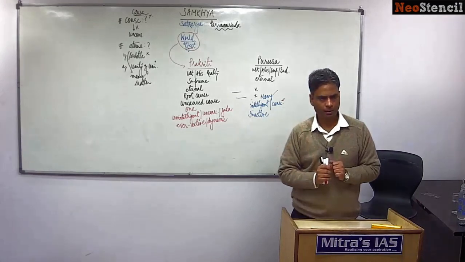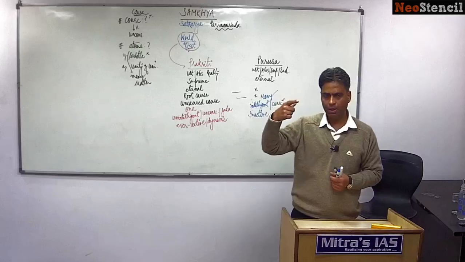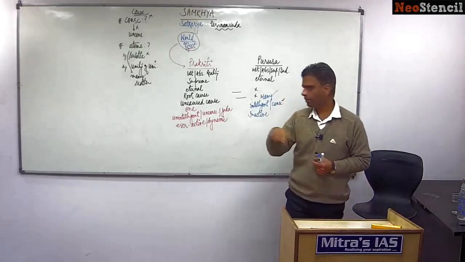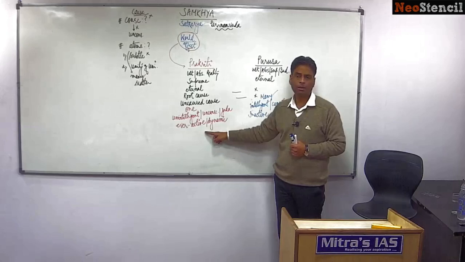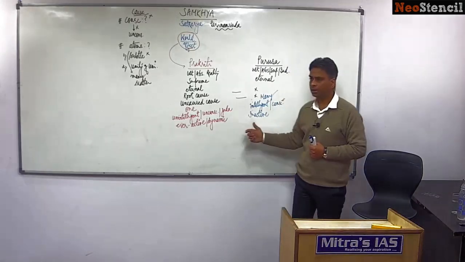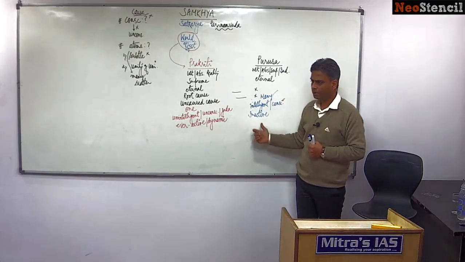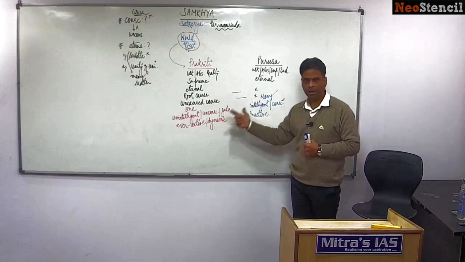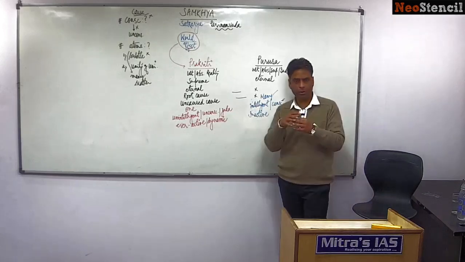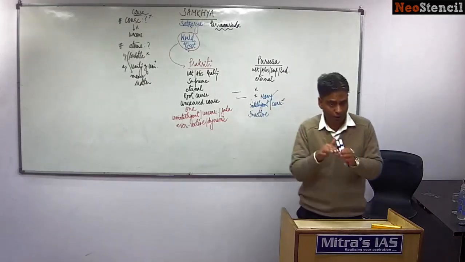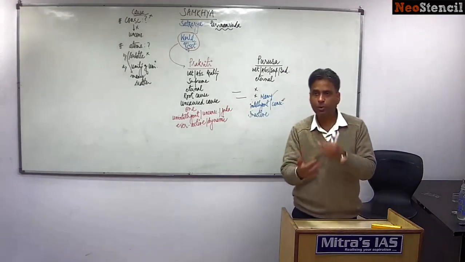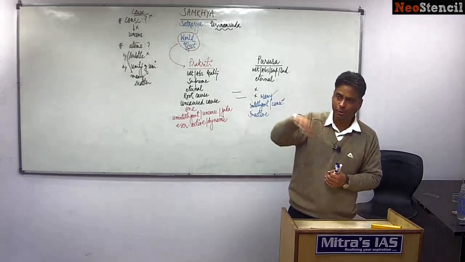Just as two friends, one is blind, ever active but unintelligent, and other friend is lame, intelligent but inactive. Just as blind and lame friends cooperate with each other to cross over the forest, in the same way Prakriti and Purusha will cooperate with each other to realize their respective purpose.